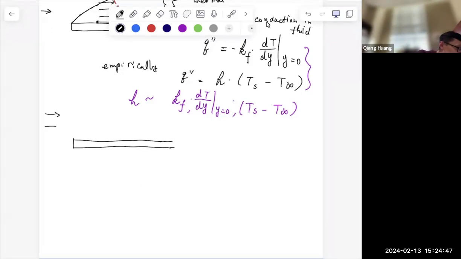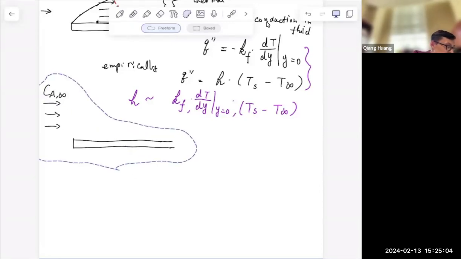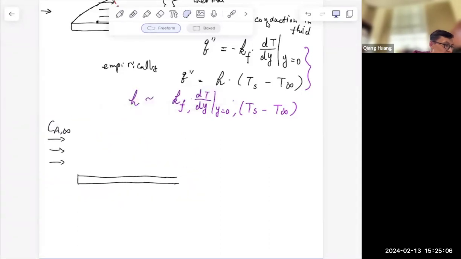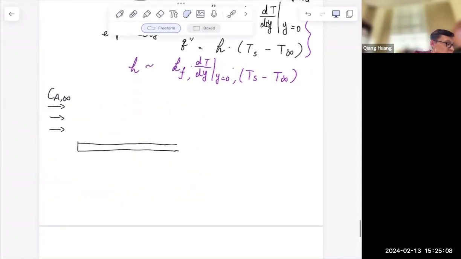And then the water itself has a diluted concentration. And A is the substance that's being dissolved. Cases like this are pretty popular in environmental engineering. For example, in geology, if you have a tunnel or a cave, and you want to study the CO2 effect, then this will be the case.